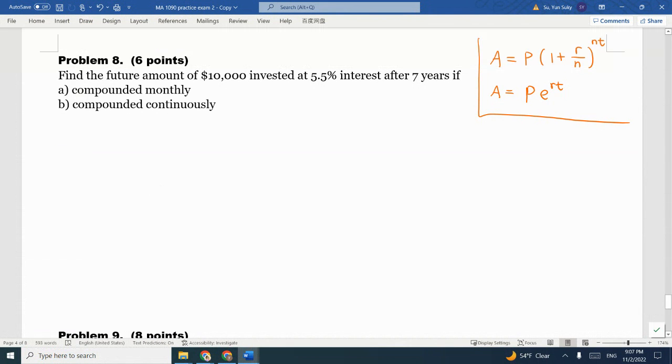So now let's see. 10,000, that's P. 5.5%, that's R. 5.5% is the same as 0.055. After 7 years, 7 is the T. Compounded monthly.